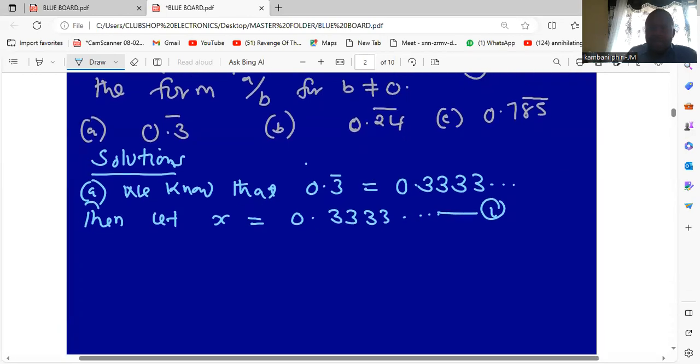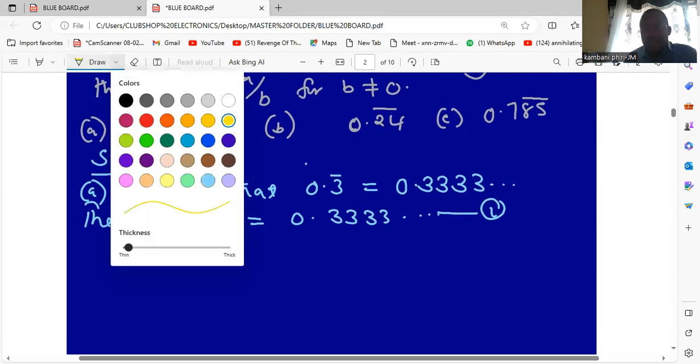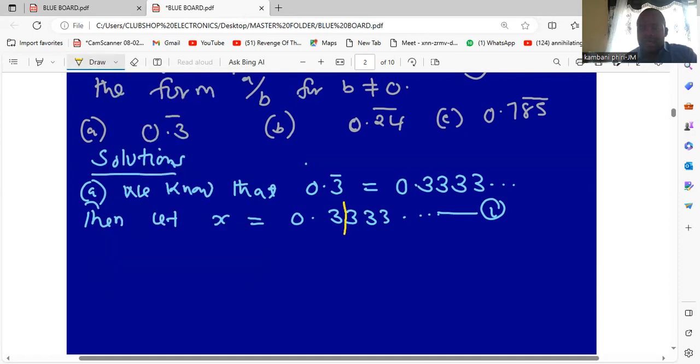The rule is to take at least one digit to the other side and ensure that whatever will remain is recurring. If I took this 3 to the other side, I'll remain with 333, which will be recurring. Then it's fine, I can just take the 3.